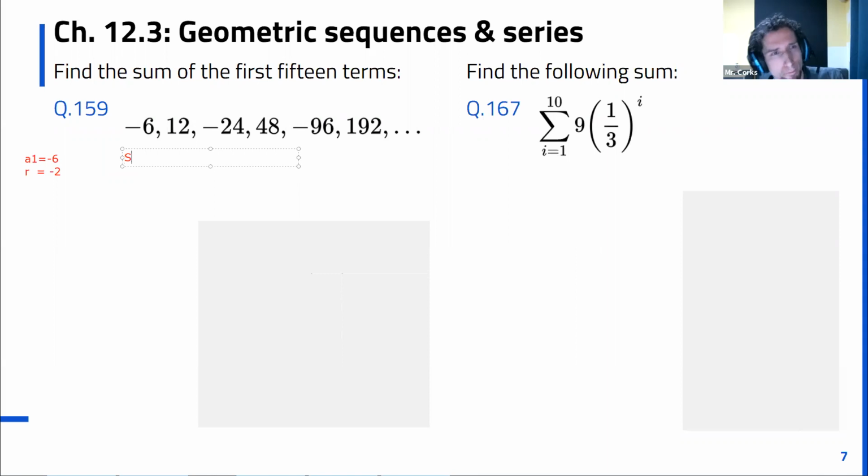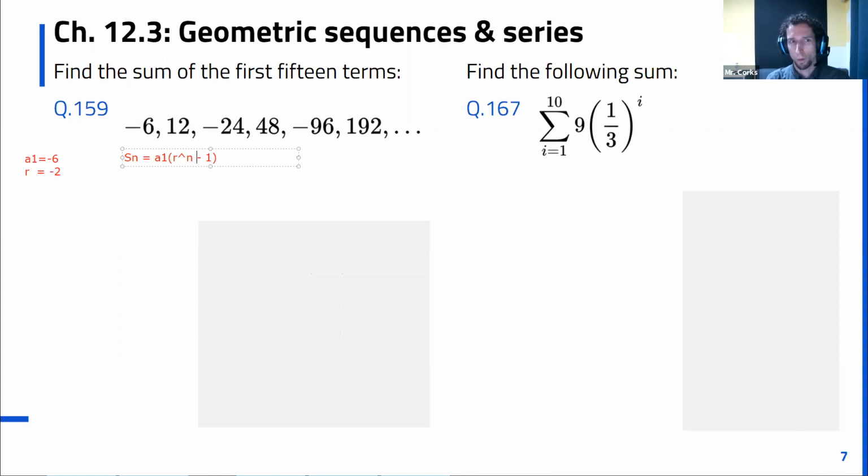Partial sum formula, S_n, right? S_15 equals A1 multiplied by, in the parentheses, there should be R exponent to 15, which I'll write as N here, and minus 1. Now, this -1, is this part of the exponent or is it outside of the exponent?